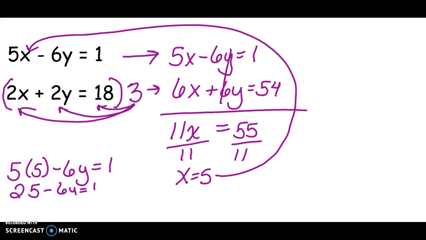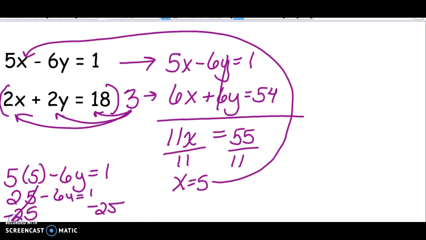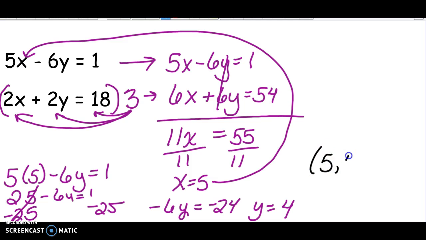Subtract 25 from both sides. Those cancel, and I get negative 6y equals negative 24. Y equals 4. So then my final answer is 5, 4.